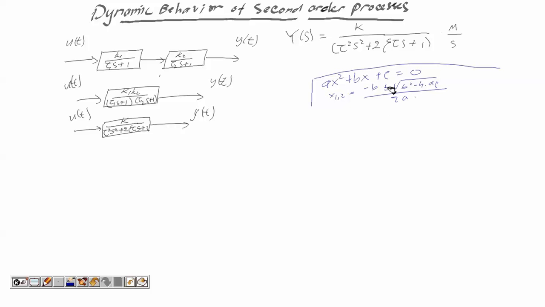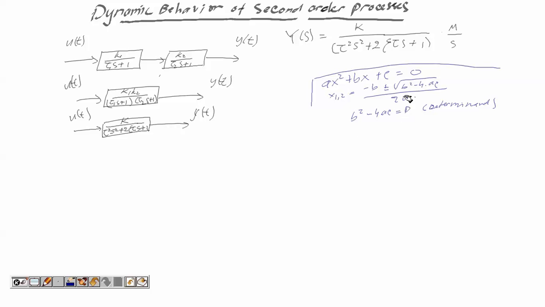Actually, the number under the square root we call D, or determinant. So b square minus 4ac is D, the determinant.